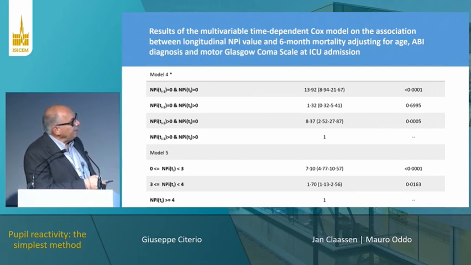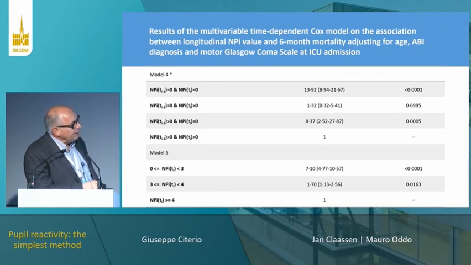If you fall down from higher than zero to zero, your increase of risk is important. And on the other point, we looked in another model at being below 3, or being between 3 and 4.